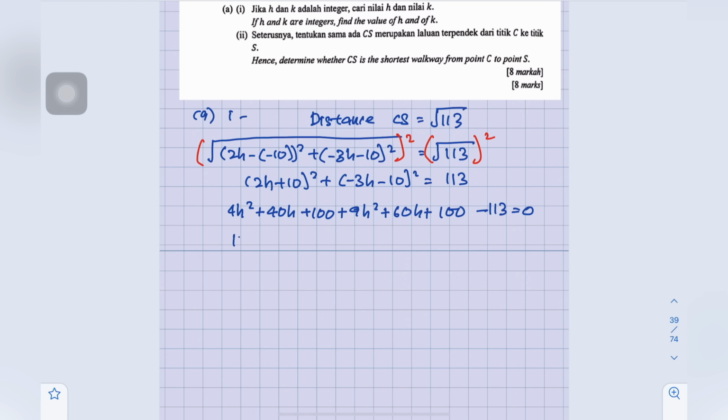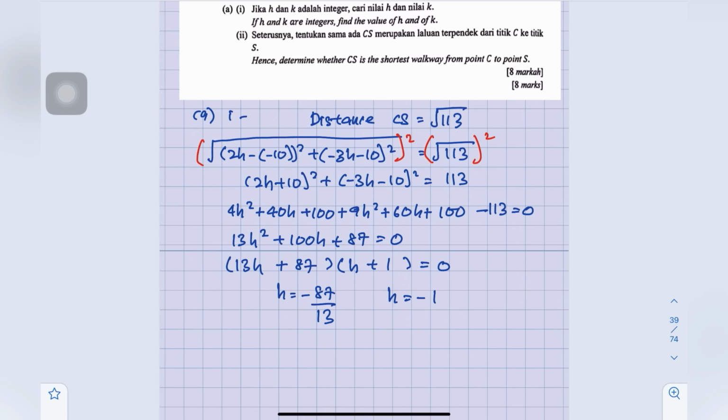Simplify this: 13H squared plus 100H plus 87 equals 0. This is a quadratic equation, so we can factorize it: (13H plus 87)(H plus 1). So H equals negative 87 over 13 and H equals negative 1.